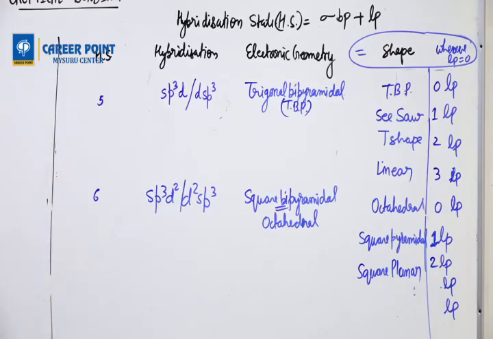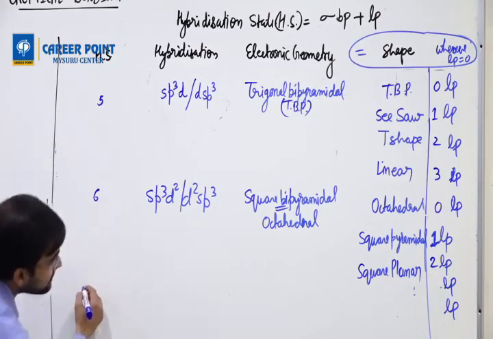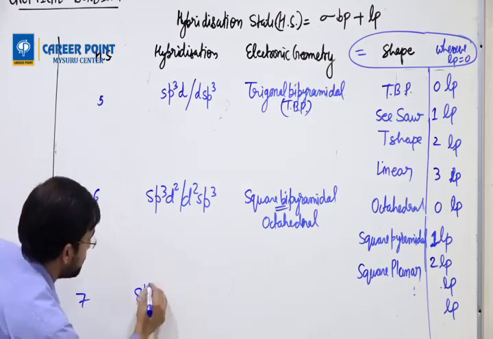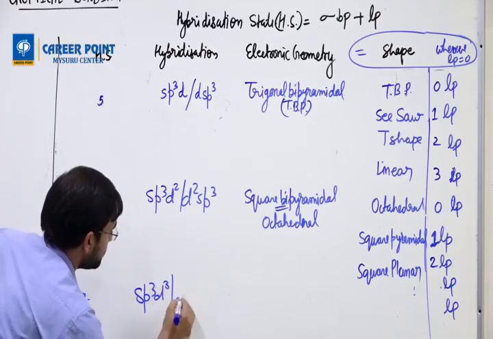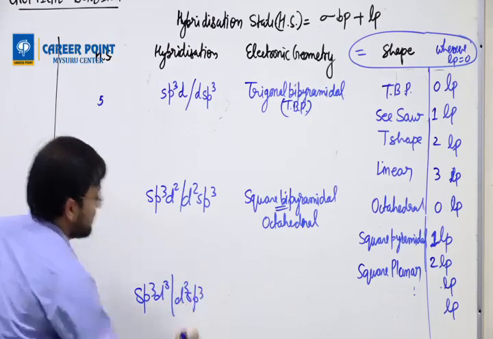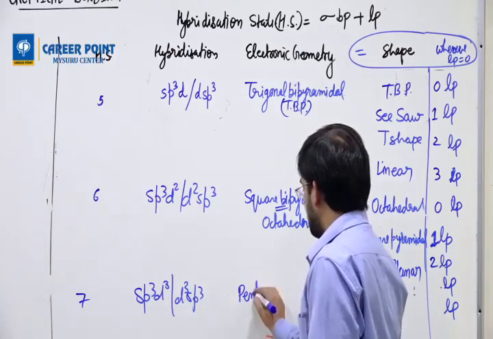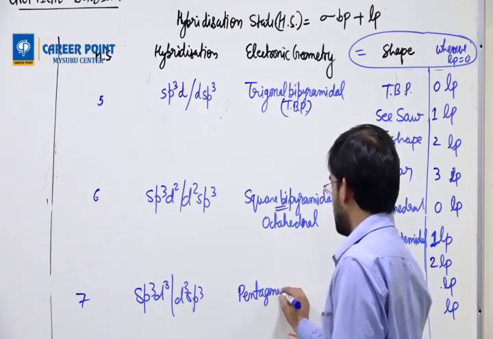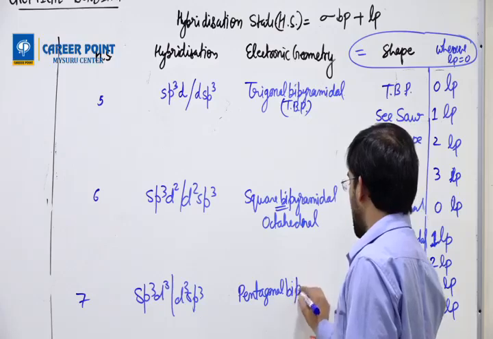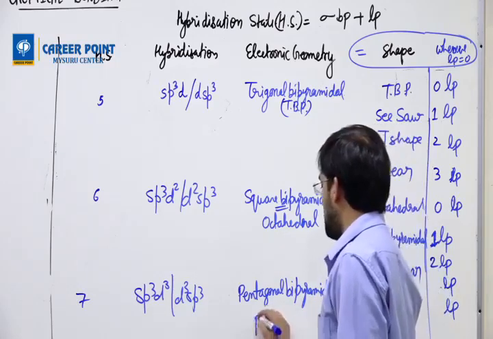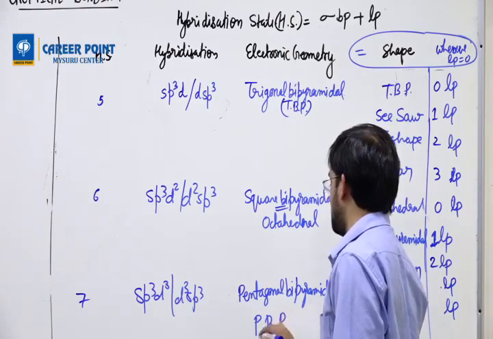Then next we have 7, sp3d3 or d3sp3. It is known as pentagonal bipyramidal or PBP.